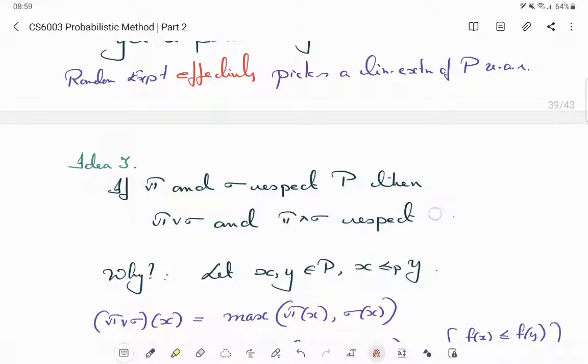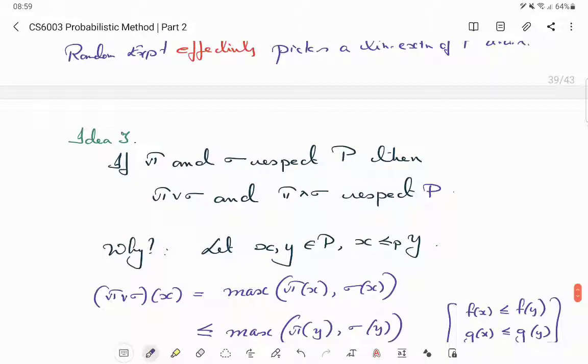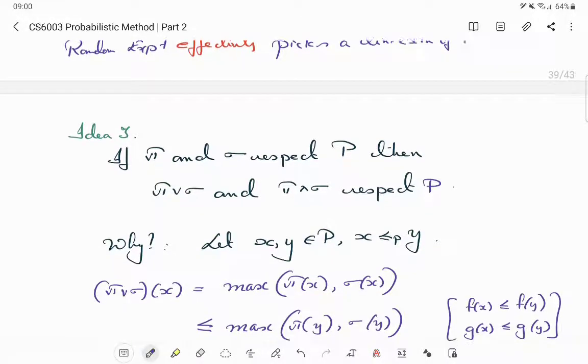How do we prove that claim? It's very easy. Take any two arbitrary elements x and y from the poset such that x precedes y. We have to show that (pi join sigma)(x) is less than or equal to (pi join sigma)(y). Similarly for the pi meet sigma.